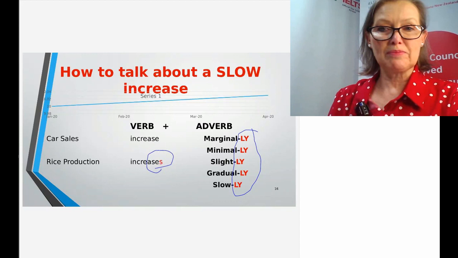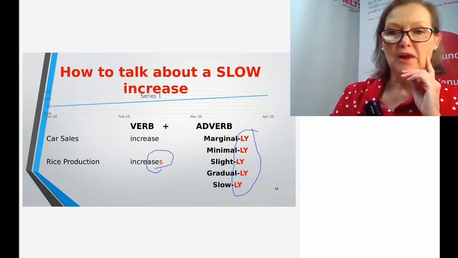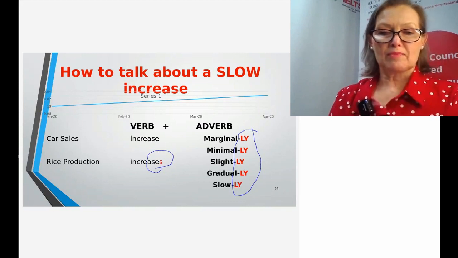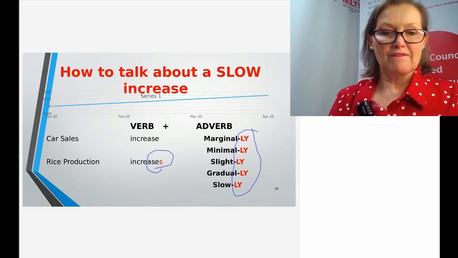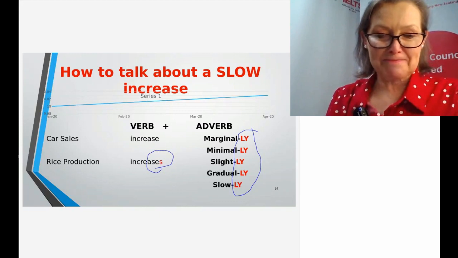Let's have a look at how to talk about a slow decrease. So I'm going to be looking for verbs that are the opposite of this.